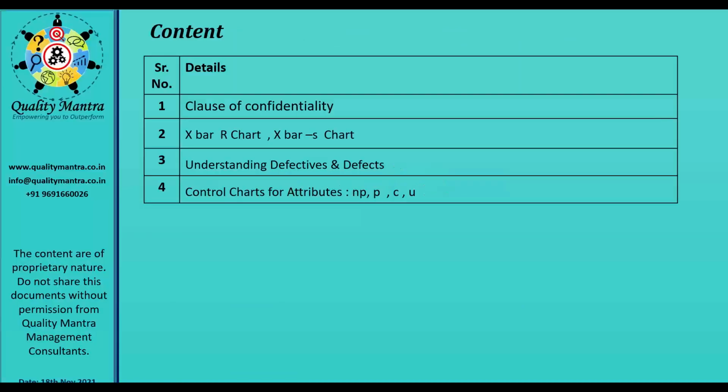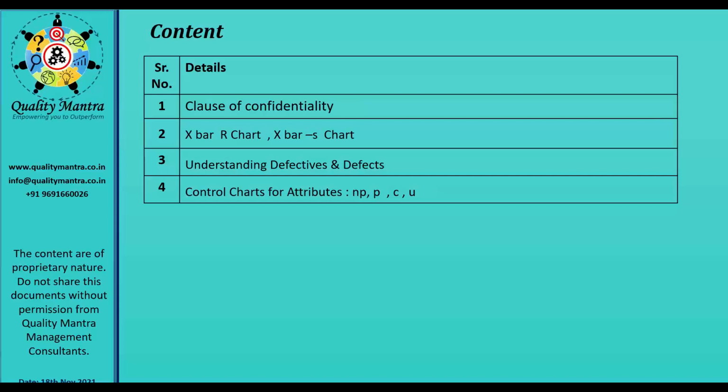Today is day 4, and in today's session, after the clause of confidentiality, we will start preparing the X bar R chart. Yesterday we learned how to make the IMR chart. Now we will make, again, a variable type control chart, but one which utilizes the subgroup: the X bar R chart and X bar S chart.